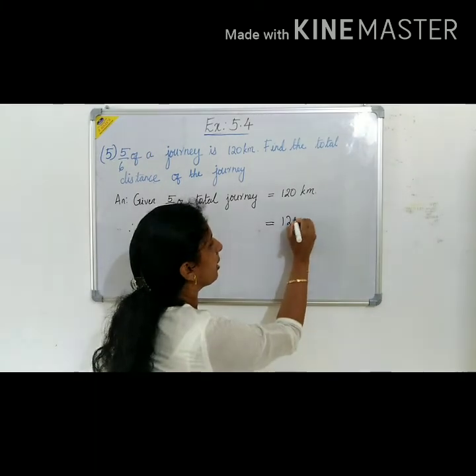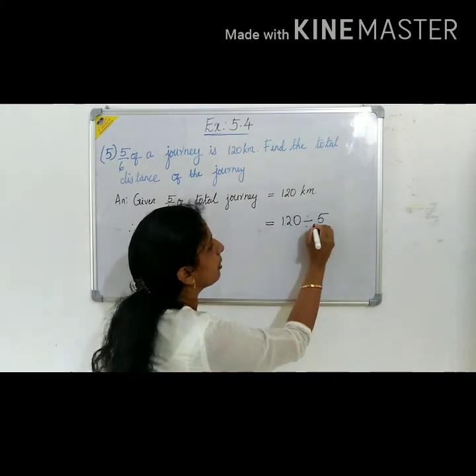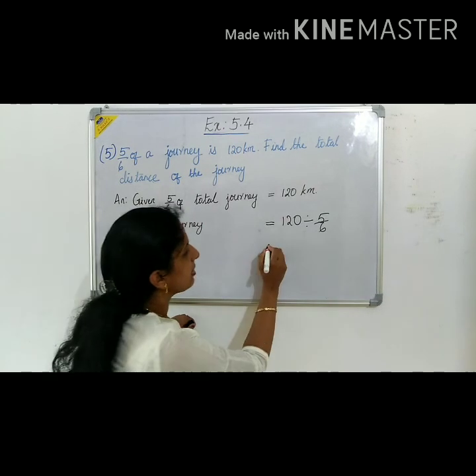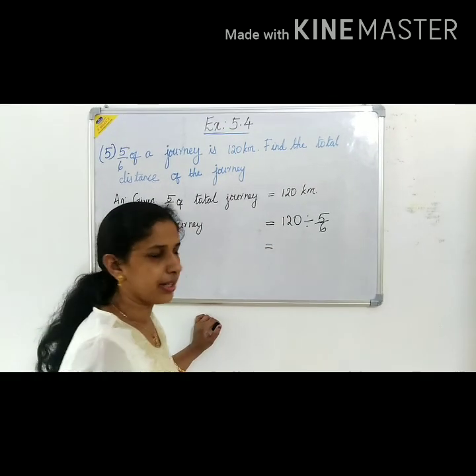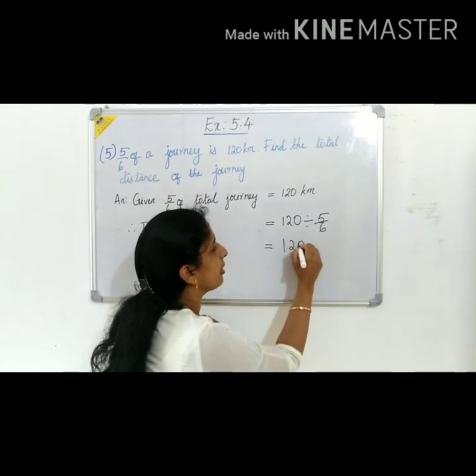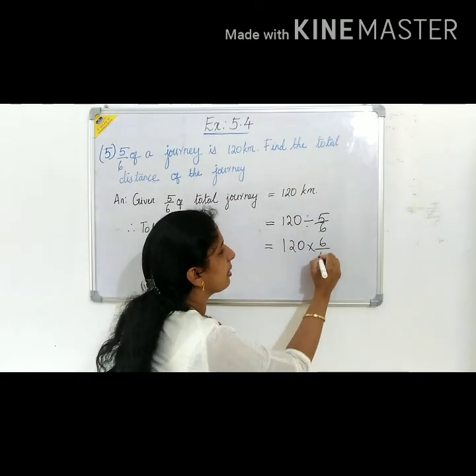That is 120 divided by 5 by 6, and this is equal to, instead of dividing we are doing reciprocal multiplication. 120 into 6 by 5.